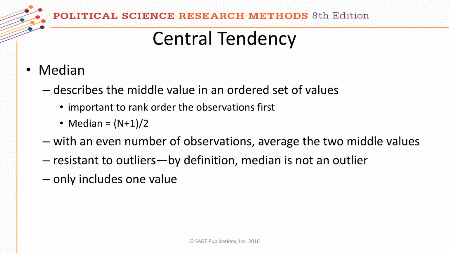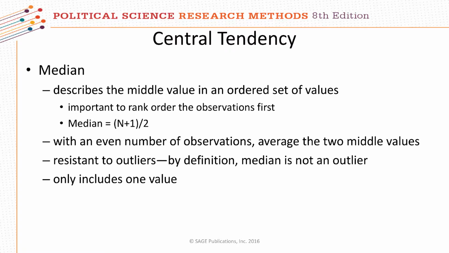So the median describes the middle value in an ordered set of values. It's important to rank order the values first. So if you're trying to find the median of a specific set of values, you want to make sure that they are largest to smallest, or there's some order to them, right? Mathematically, the median position is the number of observations plus 1, divided by 2.